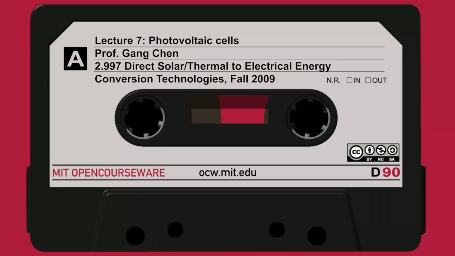Negative charge here, positive charge here, and the E field that is generated inside this space charge region looks like this, or more accurately, it's probably more like sharp.